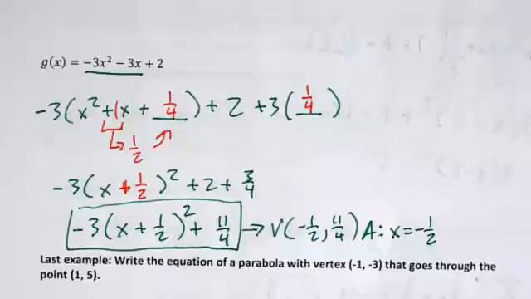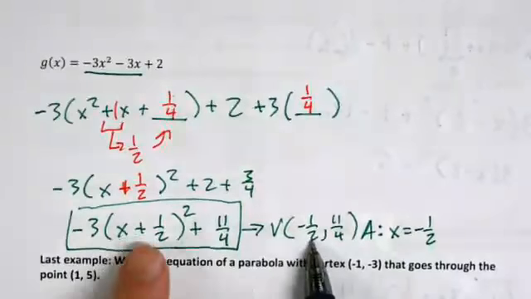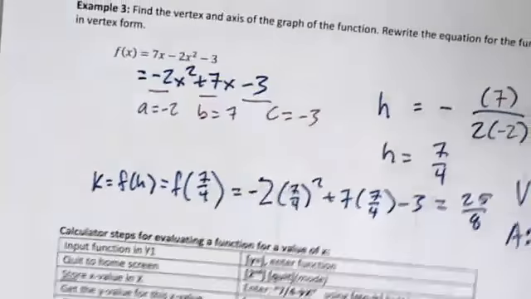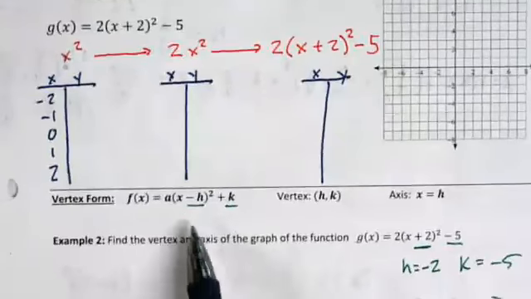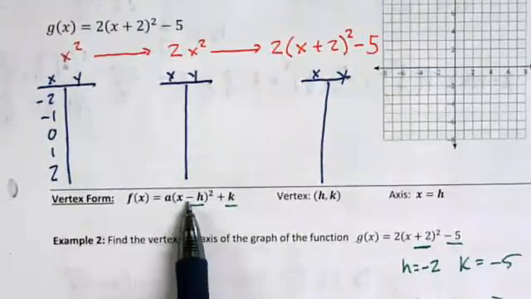Question. Why is this a -1/2 and not a +1/2? Great question. So recall that we are looking at things in vertex form. This is all the way from the front page, which is what we did all that work to get it into this form.